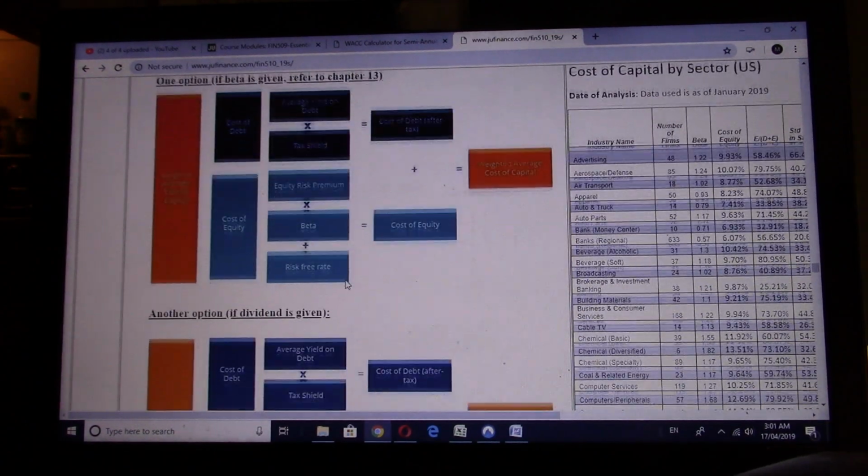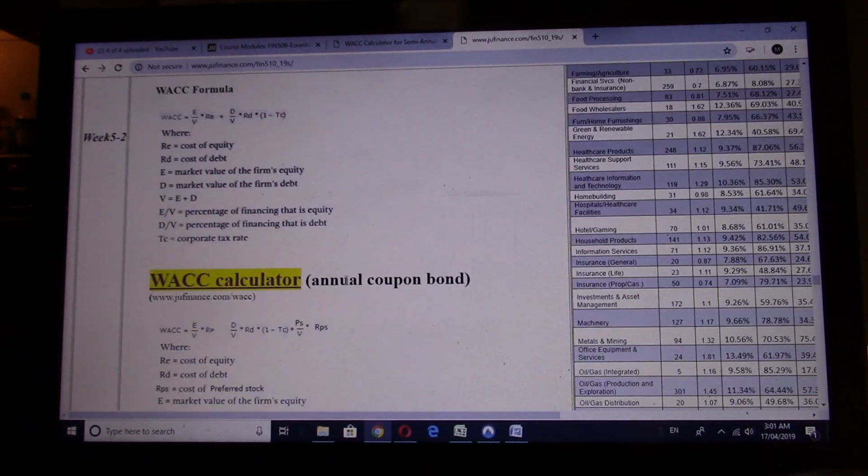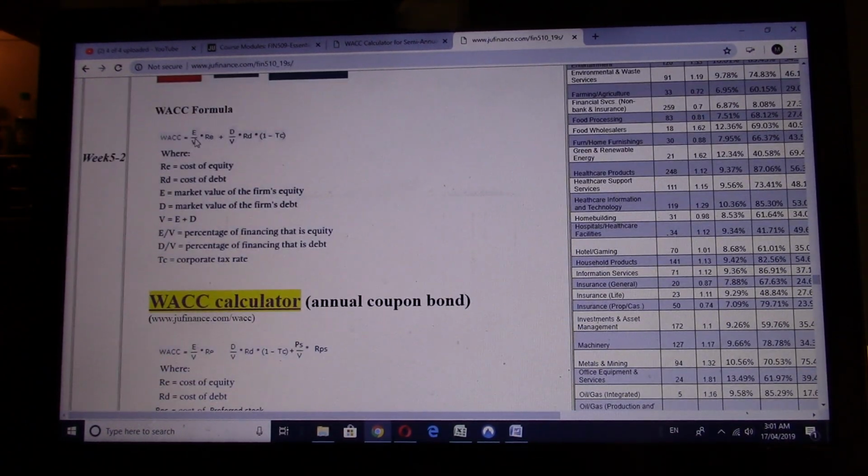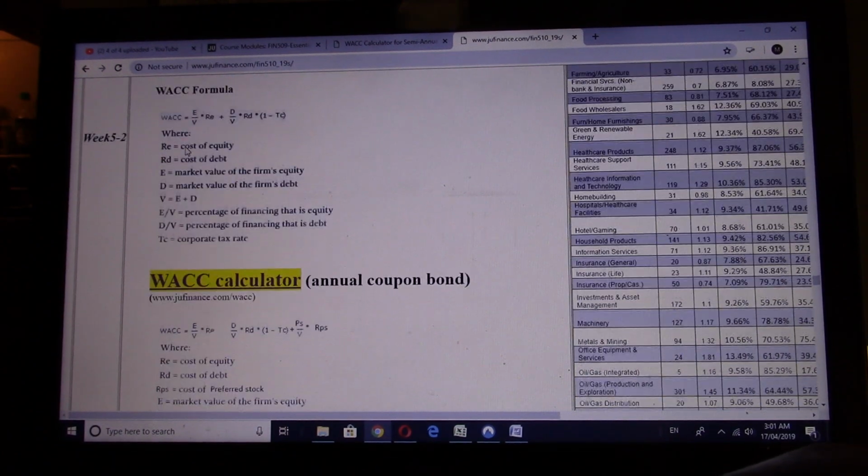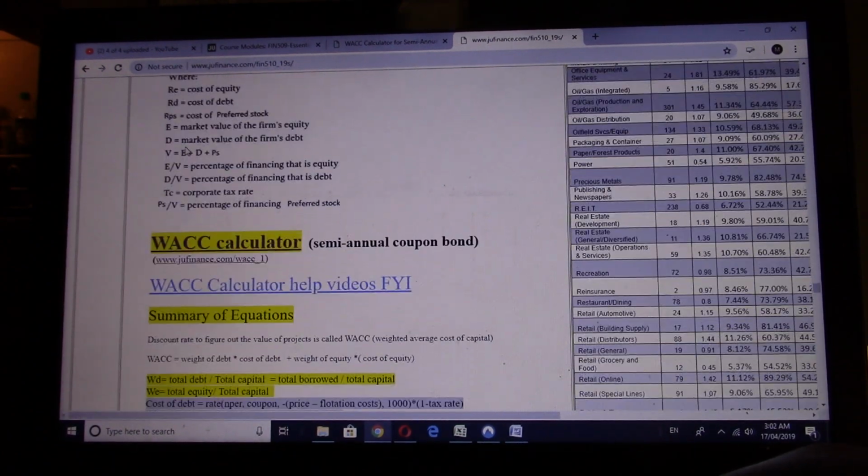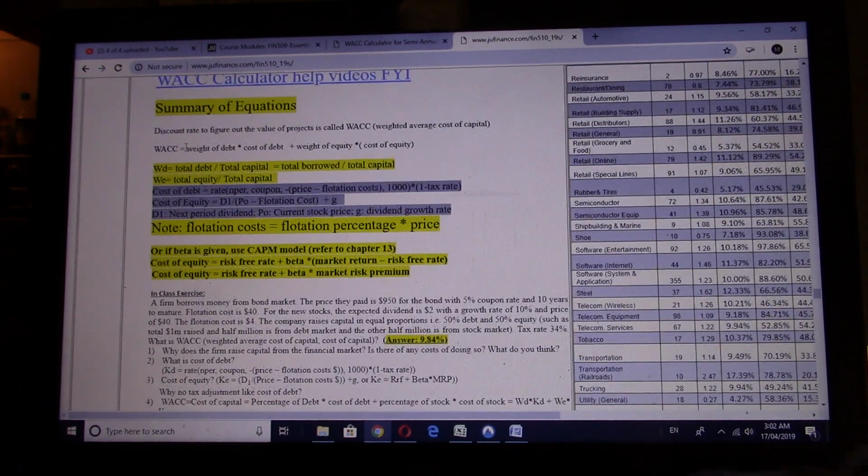So you see here, you can find the equation. This is the WACC equation, and this is the equation for cost of debt. We use the rate function, and then this is the equation we use for cost of debt.